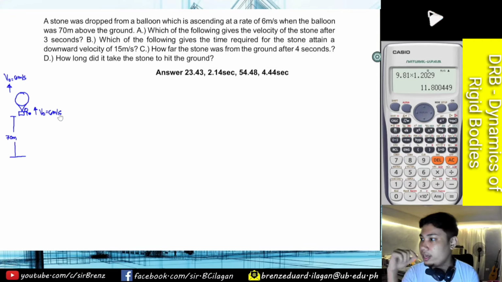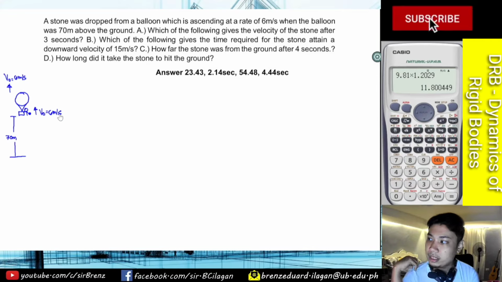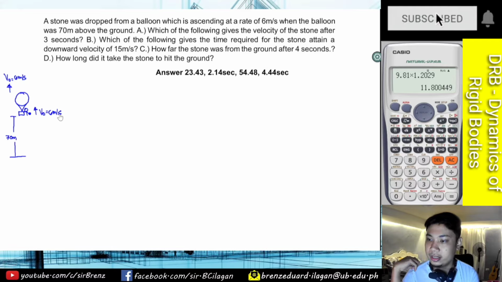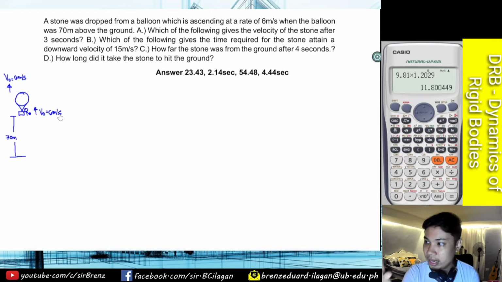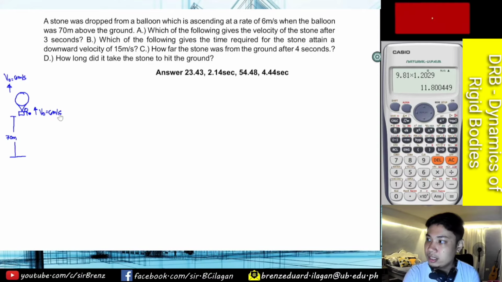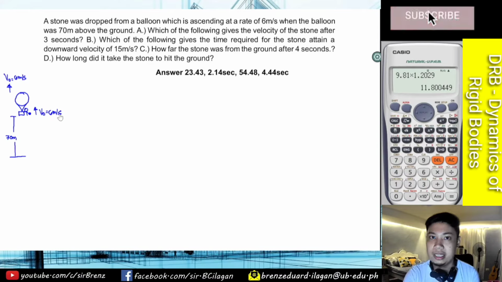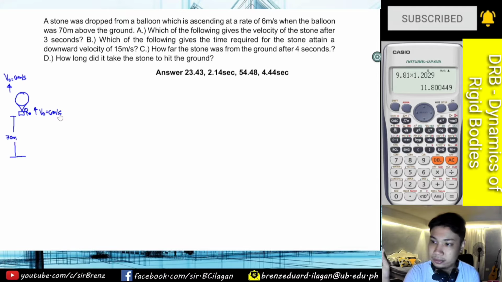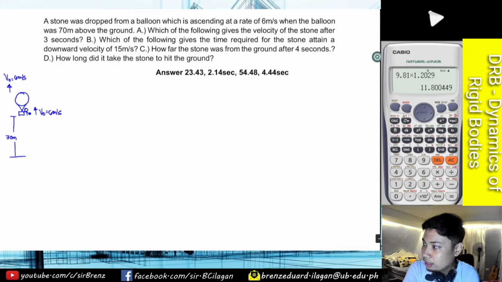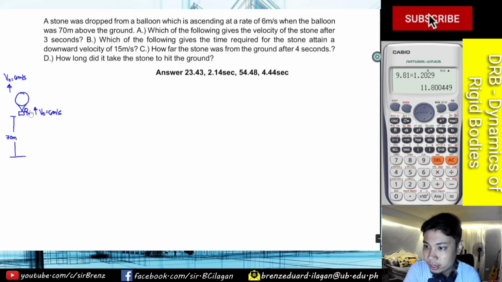So for letter A, what are we looking for? Which of the following gives the velocity of the stone after 3 seconds? When I was analyzing the problem, the 6 meter per second is quite slow. So my idea is that the velocity we'll get is downward velocity, meaning the stone is already going down. Since it's only 6 meter per second, we'll analyze if my assumption is correct.